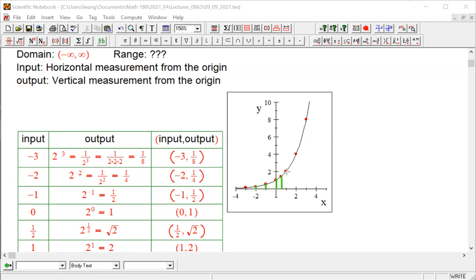For input 1, the output is 2, and so on and so forth. Do you guys see that? So visually or mentally, you're drawing this horizontal line, and you see that the dots on the graph are getting higher and higher, which is reminding us of the definition of an increasing function, isn't it?